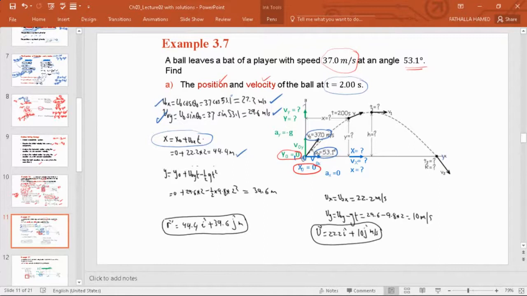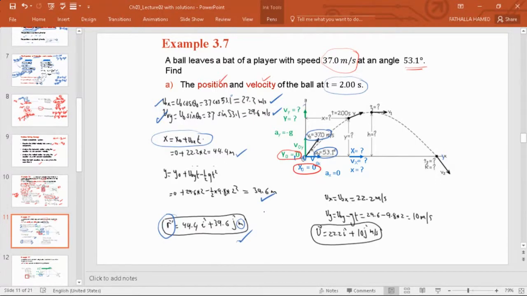The y0 is 0. The v0y is equal to 29.6 times 2 minus 1/2 times 9.8 times 2 squared, and this gives you 39.6 meters. So your position after 2 seconds is 44.4 i hat, which is your x component, plus 39.6 j hat, and of course we put the units here in meters.